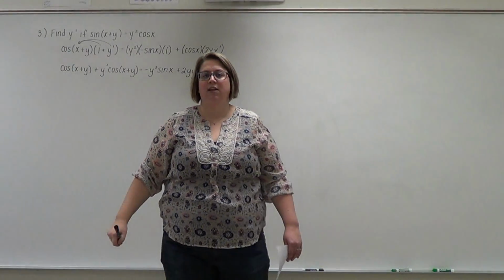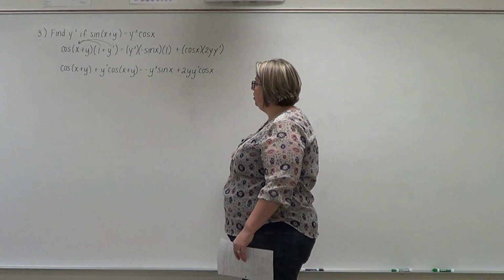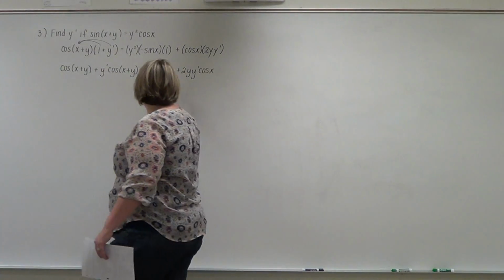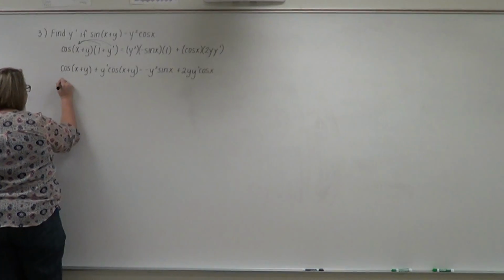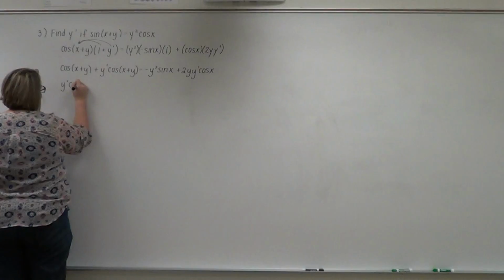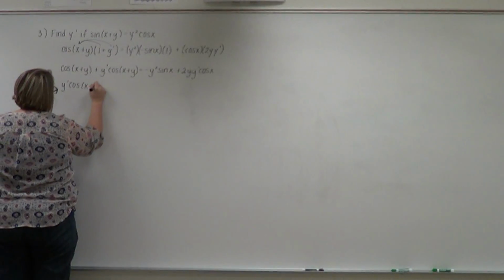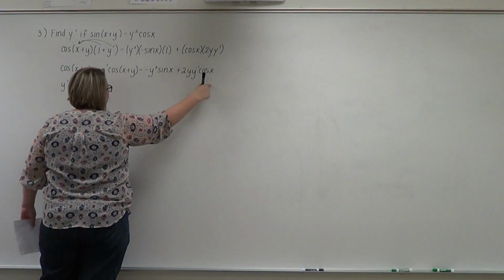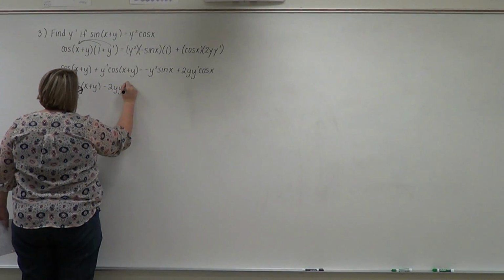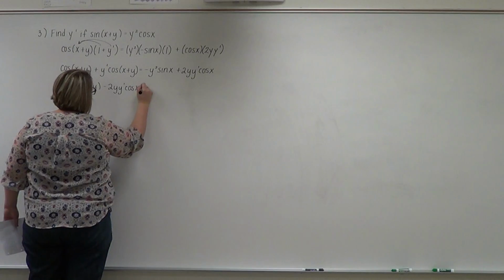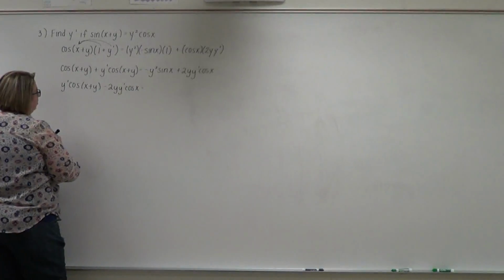Okay, so I want to get the y primes on the same side and everything else on the other side. I like to have my y primes on the left, so this will stay. And then I'm also going to have to move this term over here because it has a y prime, so minus 2y y prime cosine x equals.